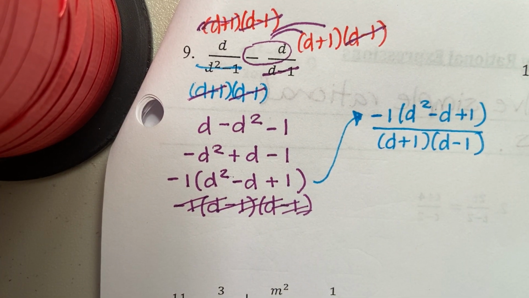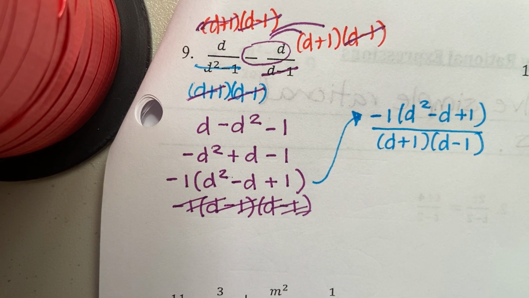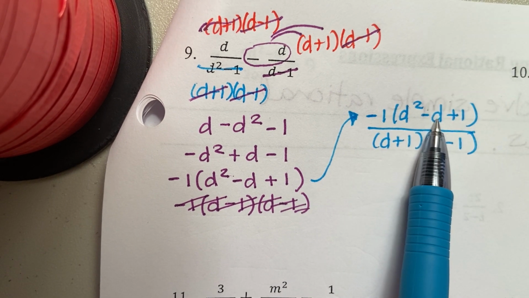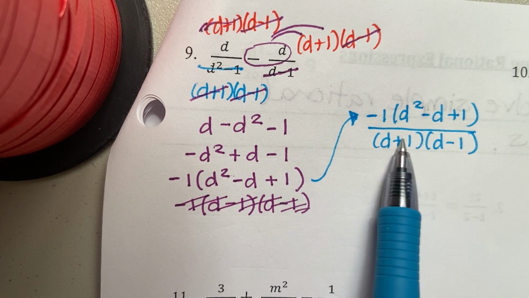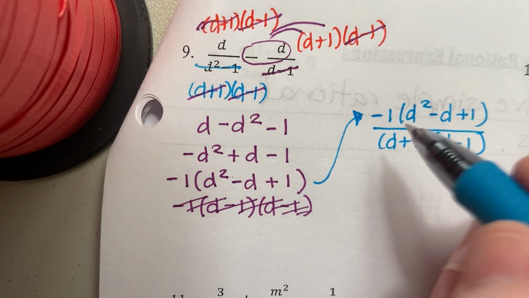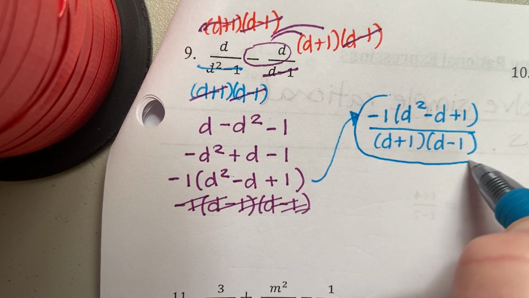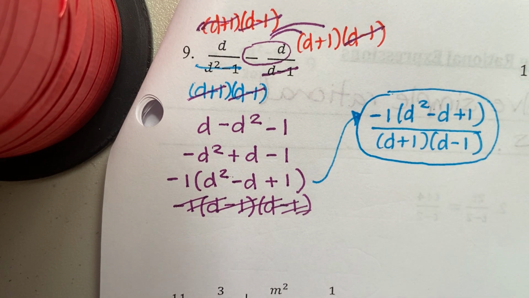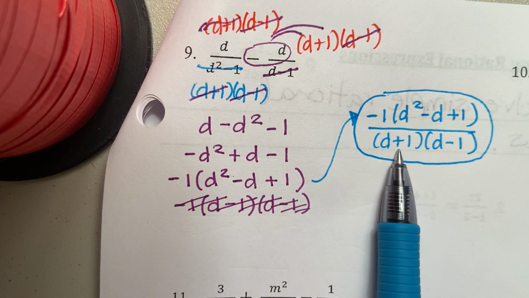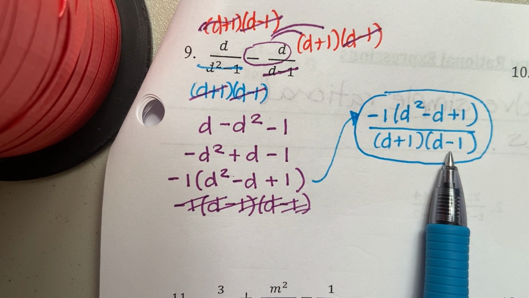All right. And at this point, nothing cancels because since this did not factor, then there wasn't anything I could cancel out. So because I'm leaving everything in factored form, then I would just be done. Okay, so my extraneous solutions would be negative 1 and positive 1.